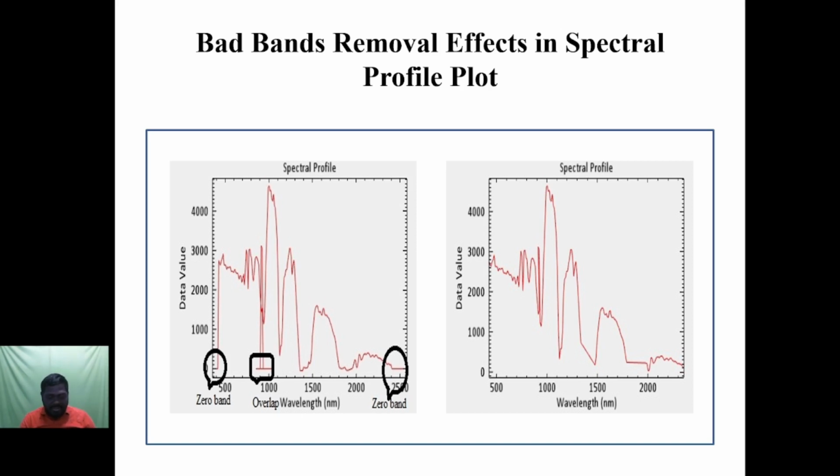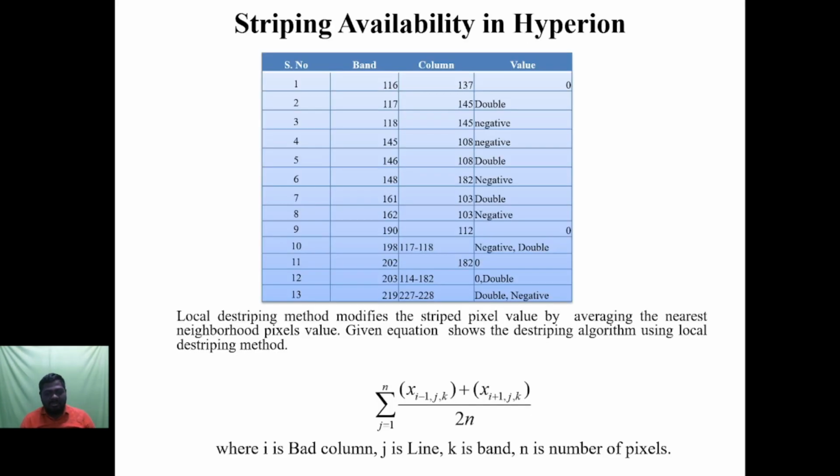It is totally nothing value. But in the right side figure, after removing the bad bands, the sudden ups and downs and the values going to zero are totally avoided. So we need to do the bad band removal first. Otherwise, it will affect the precise level classification of limestone imagery.